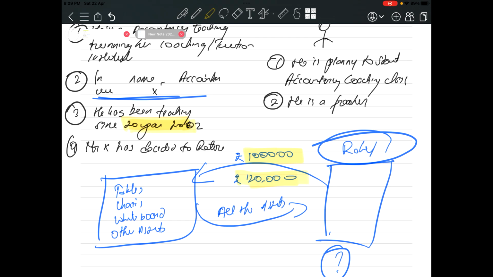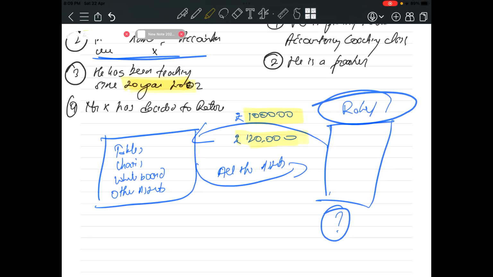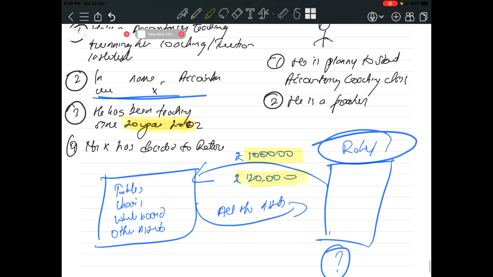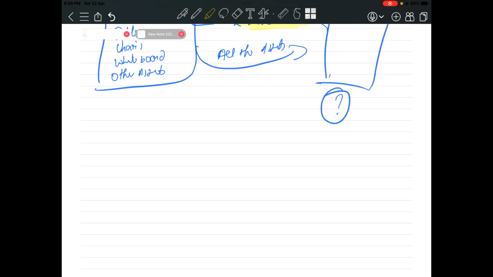Now Mr. X was even smarter. After all, he was an accountancy teacher. Rahul said, why extra 20,000? He said, see, the logic is simple. You will start your coaching class in my name, Accountancy with Mr. X. So obviously the past students who know me will give their juniors the reference that you go and study from Mr. X. When they come to the coaching class, Mr. X will not be there, you will be teaching.